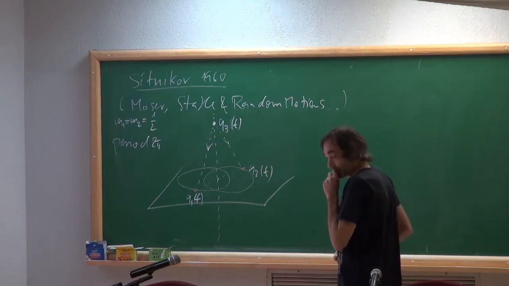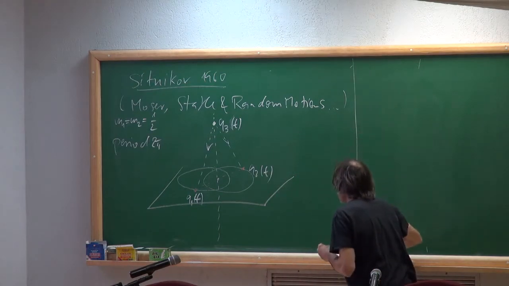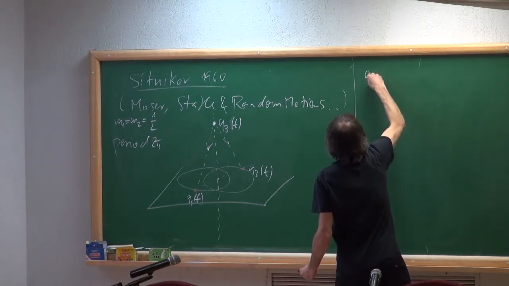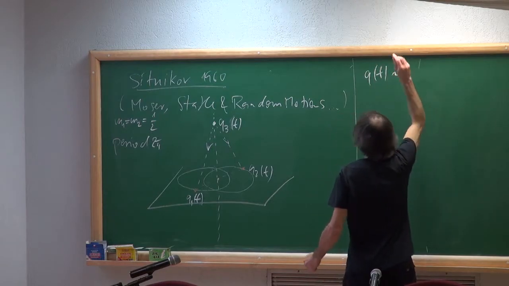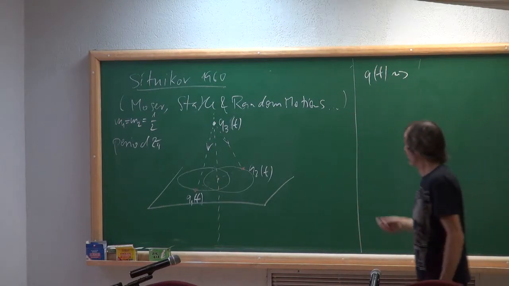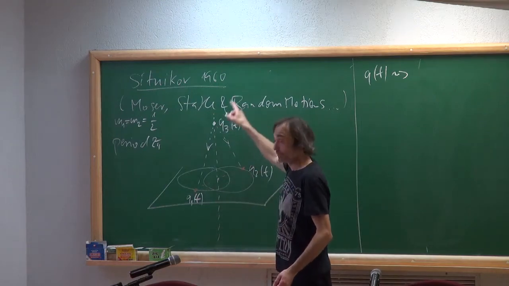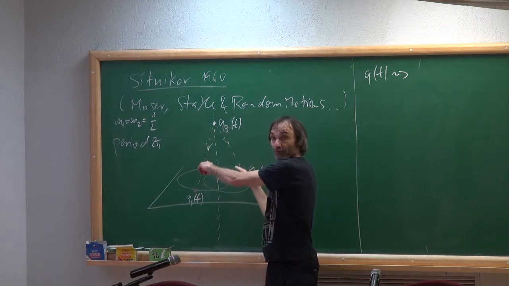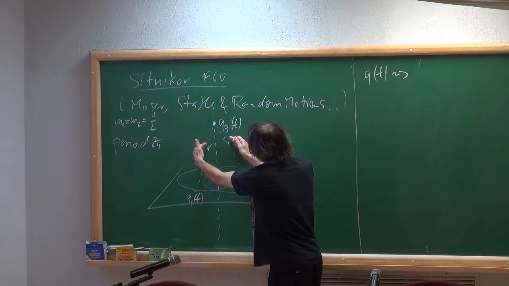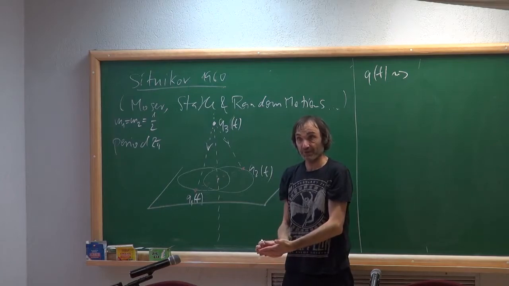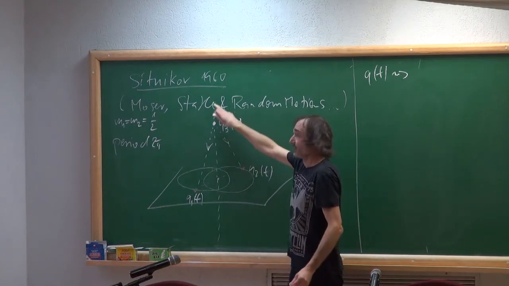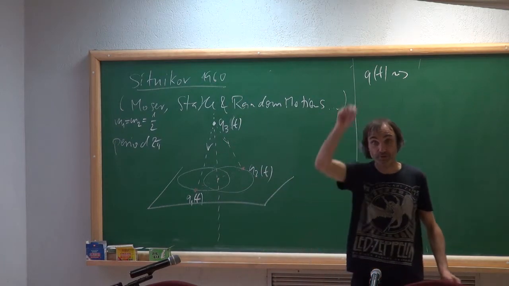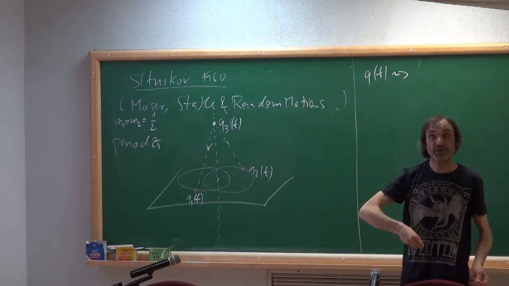So what Sitnikov did is, to any motion q of t, he associates a sequence of numbers. Just from the geometry of the problem, we see that by symmetry, when you add the two force vectors, they point along that line. So if the particle starts out on that vertical line, it will stay on that vertical line forever. So it will just oscillate up and down on that vertical line.